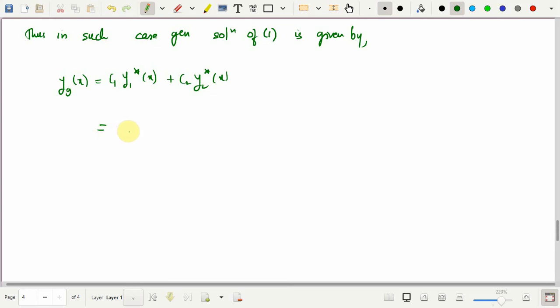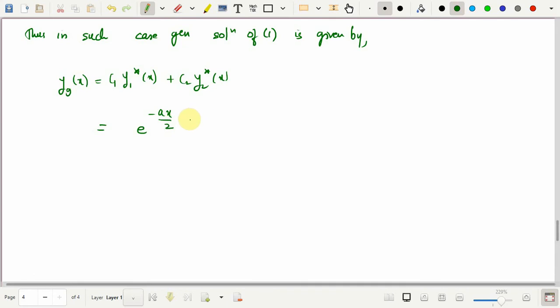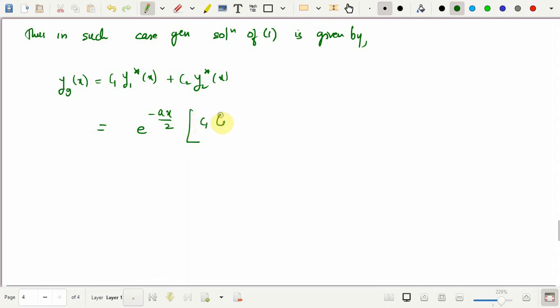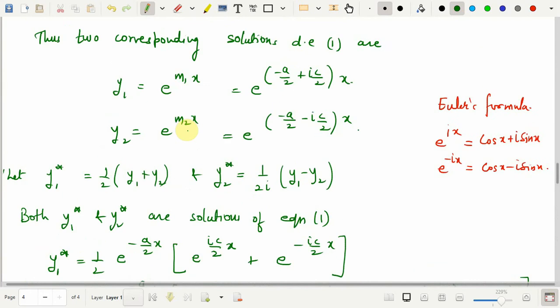I would take e raised to minus ax by 2 common from both terms, and what remains inside is the trigonometric term, that is c1 cos of cx by 2 plus c2 sine of cx by 2, right?